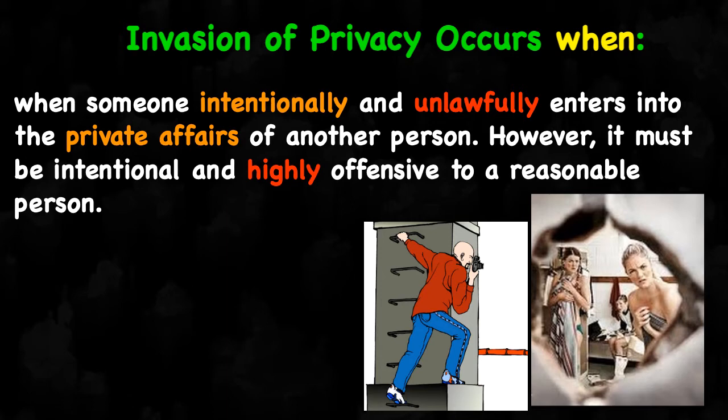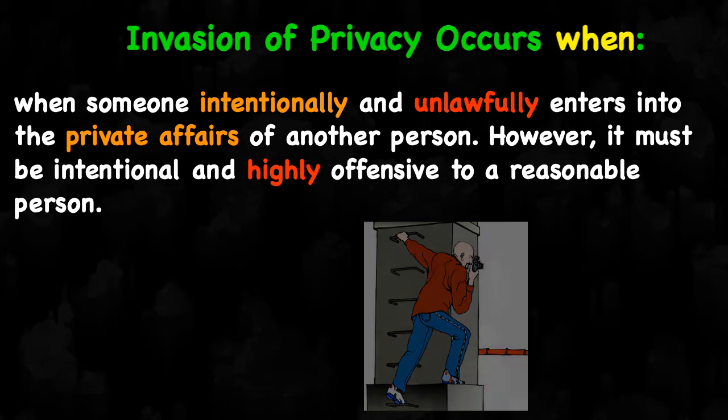Okay? So now they are pretty familiar and common terms for you to understand. Enters into the private affairs of another person. However, it must be intentional and highly offensive to a reasonable person.